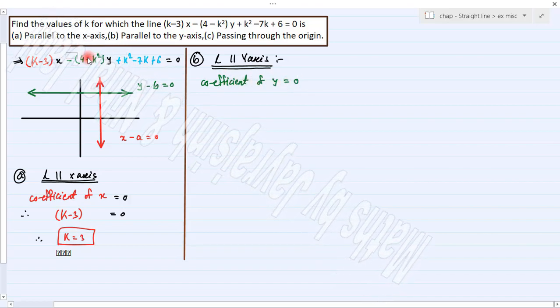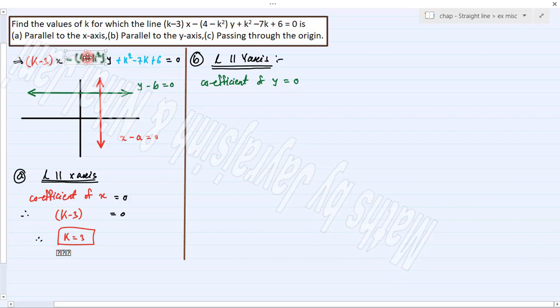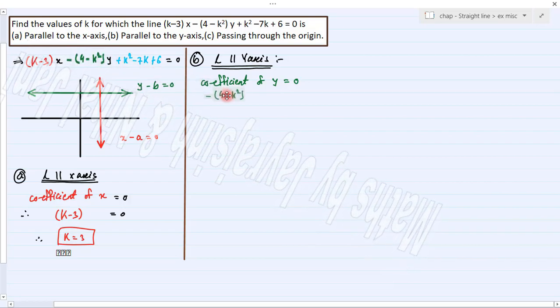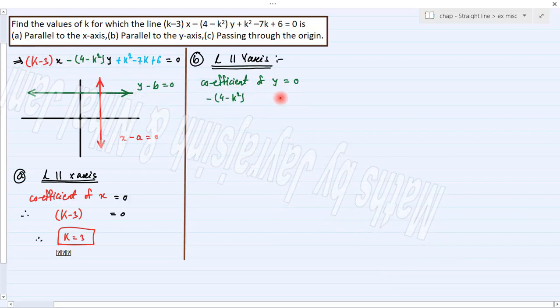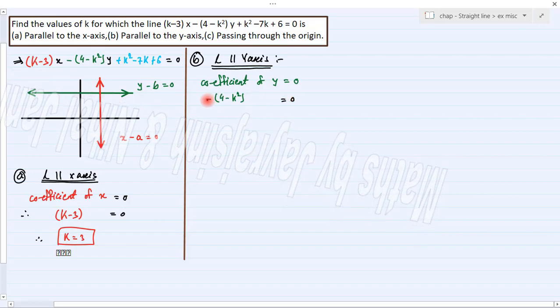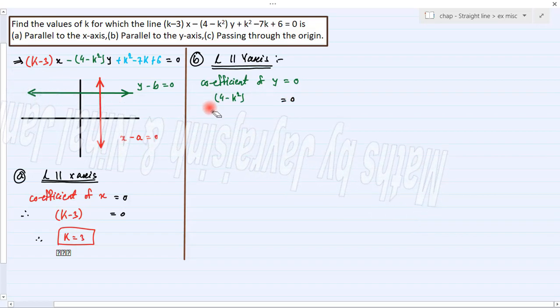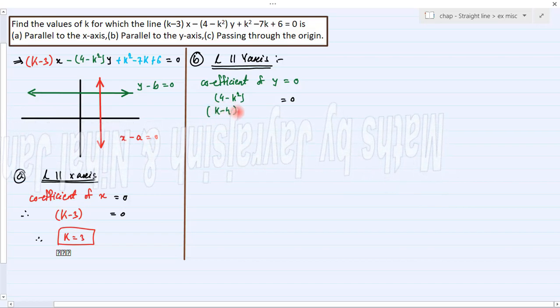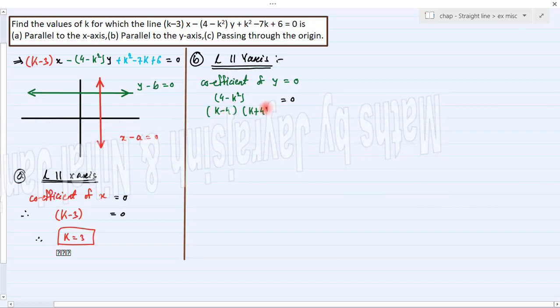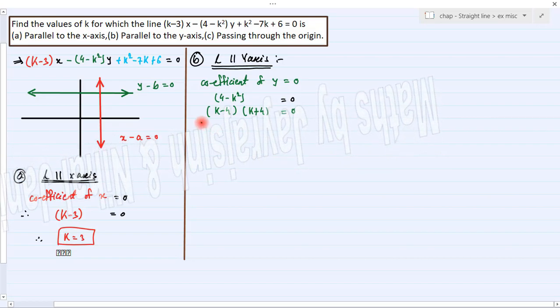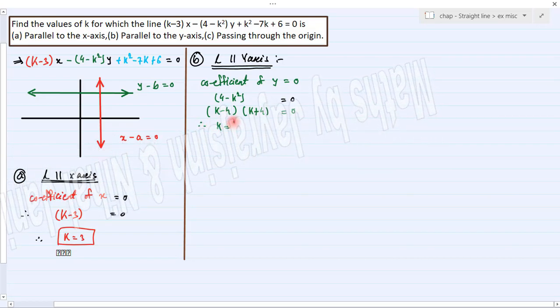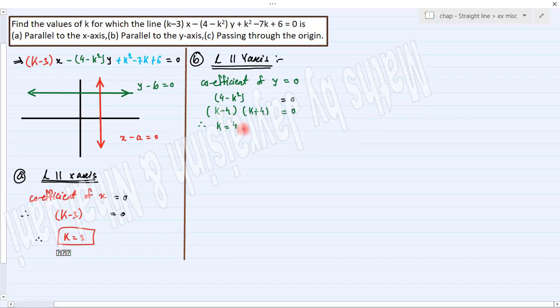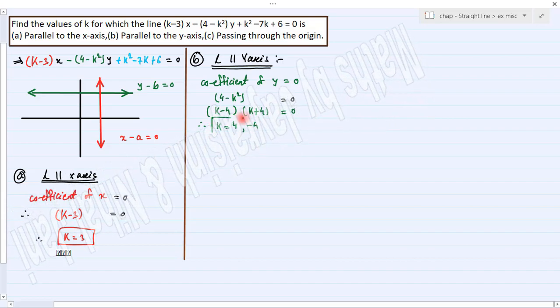So in our equation of line, the coefficient of y is given by minus 4 minus k square. It must be 0. So we can ignore this minus and we'll get (k minus 4) and (k plus 4) equal to 0, which will give us two values of k, plus or minus 4, for the second case.